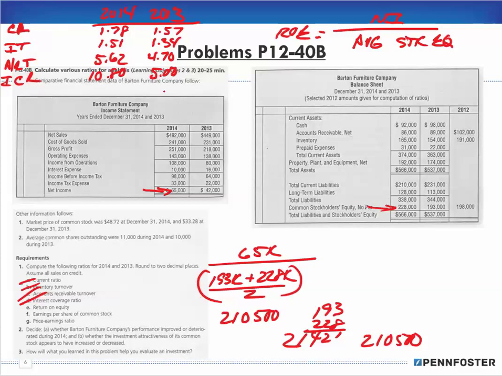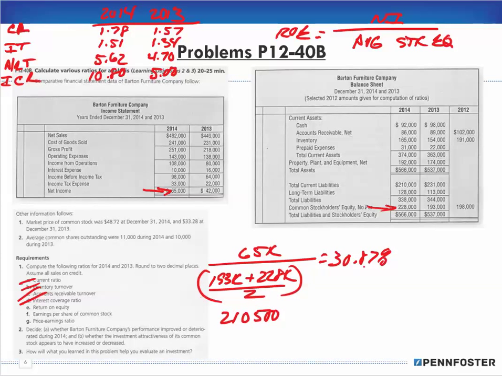So 65,000 divided by 210,500 gives me 30.87%. Round it, 30.88%.